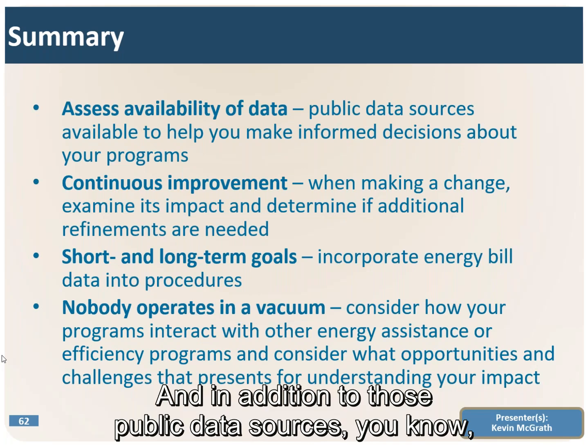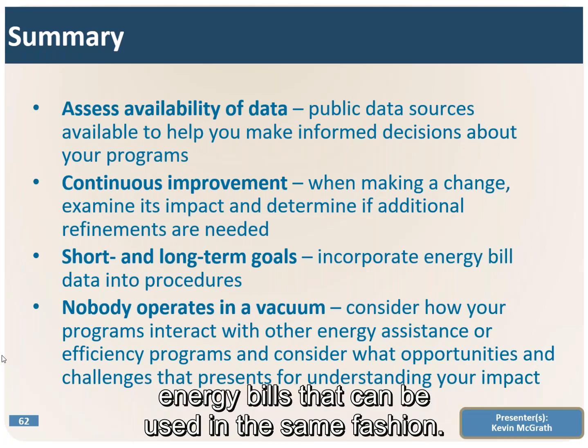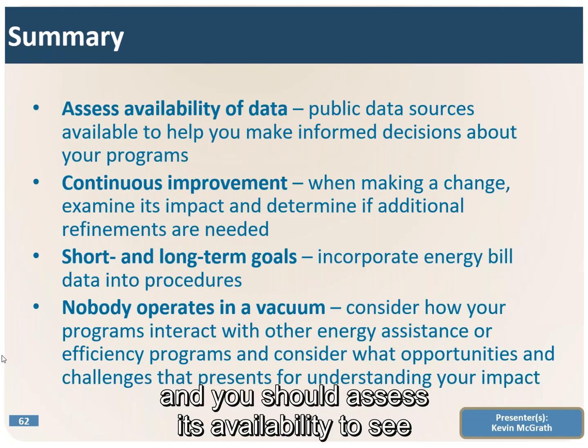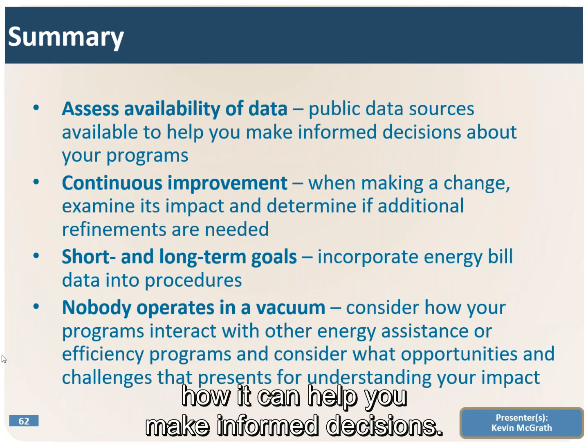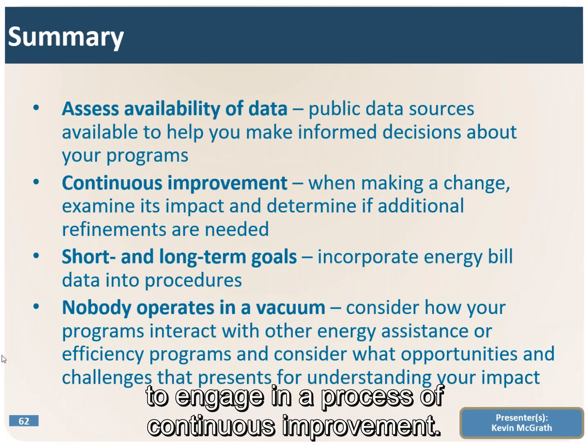And in addition to those public data sources, you're now also collecting performance measures data on energy bills that can be used in the same fashion. So there's a wealth of information out there, and you should assess its availability to see how it can help you make informed decisions. The second point is to engage in a process of continuous improvement.